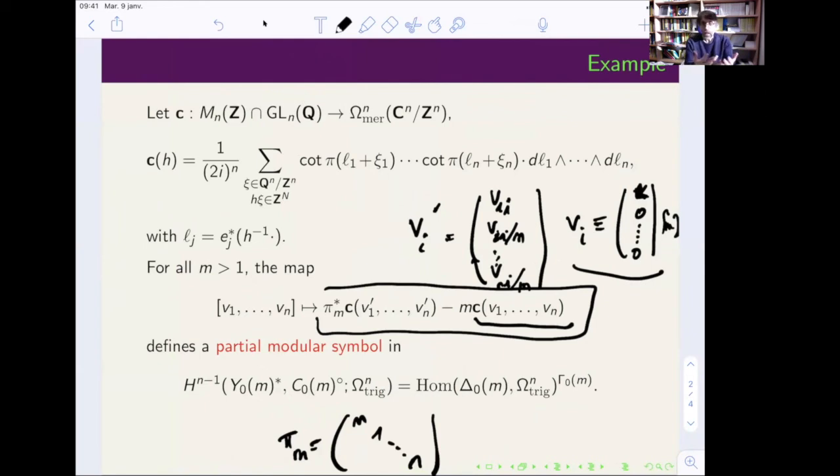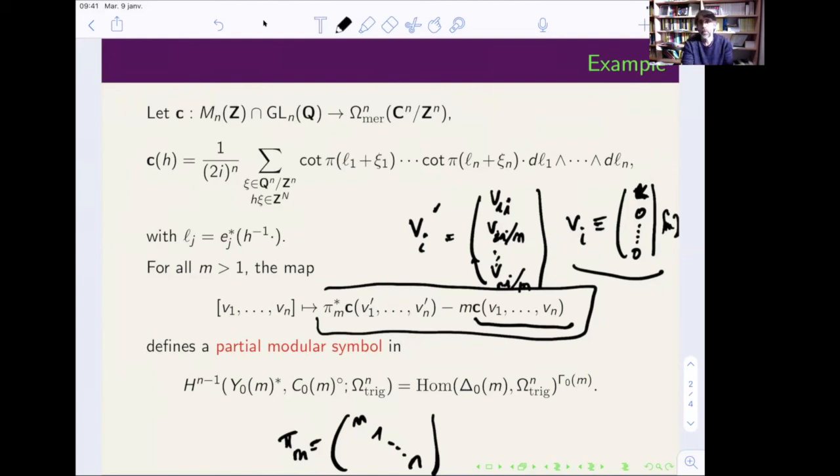So in the end, that's the story I wanted to tell. You start from purely topological stuff, and in the end, this gives an explanation of a map that really looks like the Sharifi map, a quite surprising map. But now they really come from the topology, and in particular, we never decompose a modular symbol into unimodular symbols.